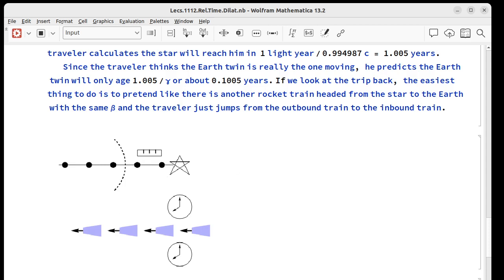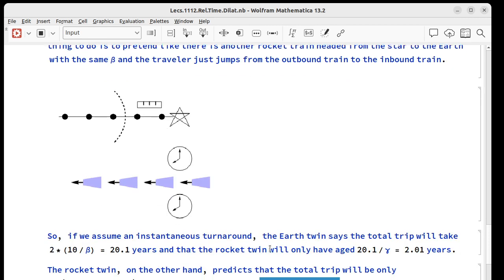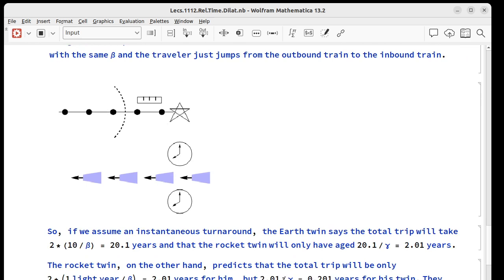Now, the guy on the rocket says the total trip, these things moving back and forth, will be 2 years for him. But he says he's aging faster, and the Earth twin will only be 0.2 years older. So they both agree that the traveling twin is 2 years and some change older, but they disagree about whether the twin that stayed home is 2/10 of a year older or 20 years older.